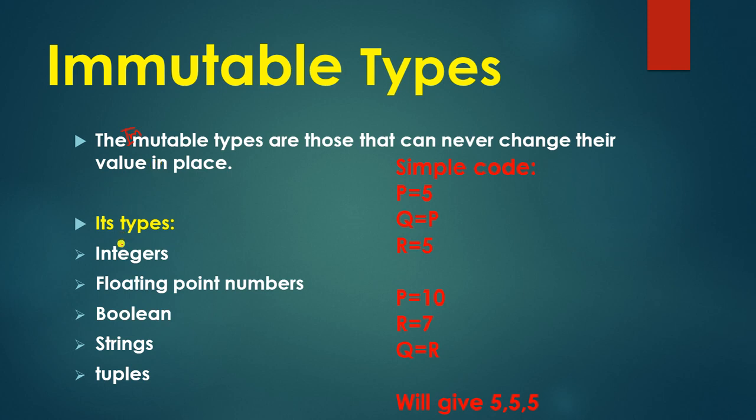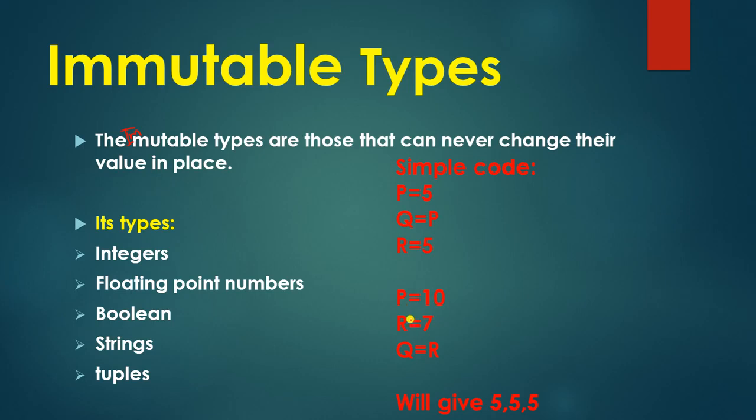These are integers, floating point numbers, Boolean, string and tuples. So these five data types don't change their value in any way. For example, P has the value 5, Q has the value P, R has the value 5.